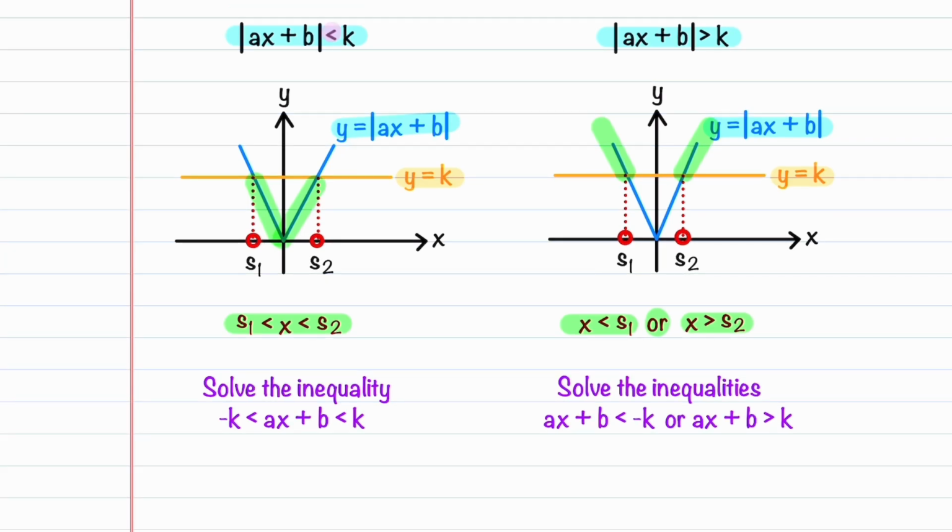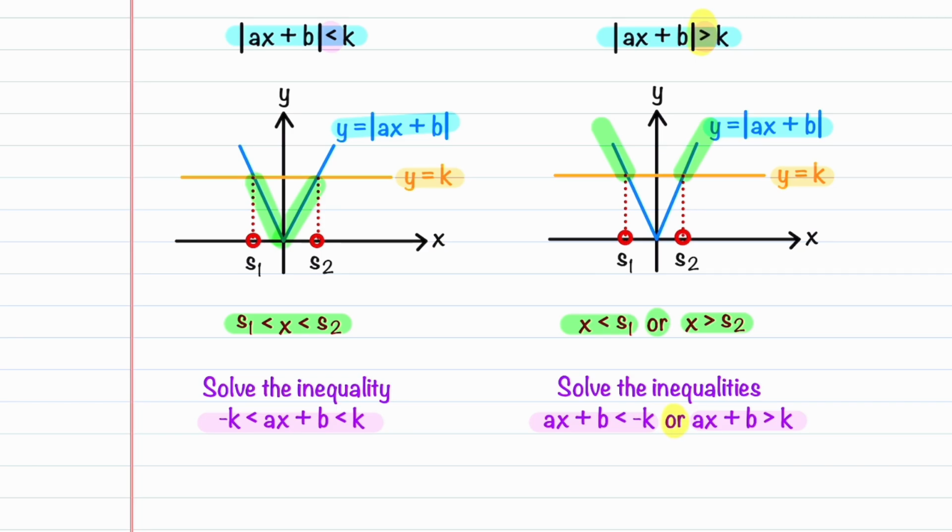When you have a less than, you're going to solve the inequality that ax plus b is between minus k and k. And when you have a greater than, you're going to solve two inequalities, one where your linear function is less than minus k, and one where it's greater than k. One way that's easy to remember this is when you have a greater, you have an or.